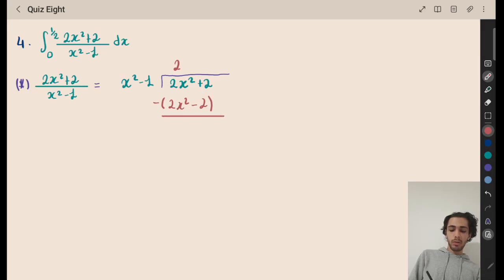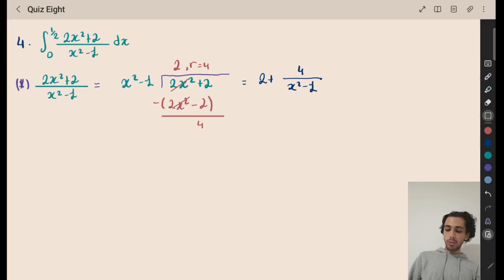So this cancels out, but then you have a minus of a minus, so you get 4. But then you can't really do anything. So it's 2, and the remainder is equal to 4. So you can write, okay, this is 2 plus 4 over x squared minus 1.